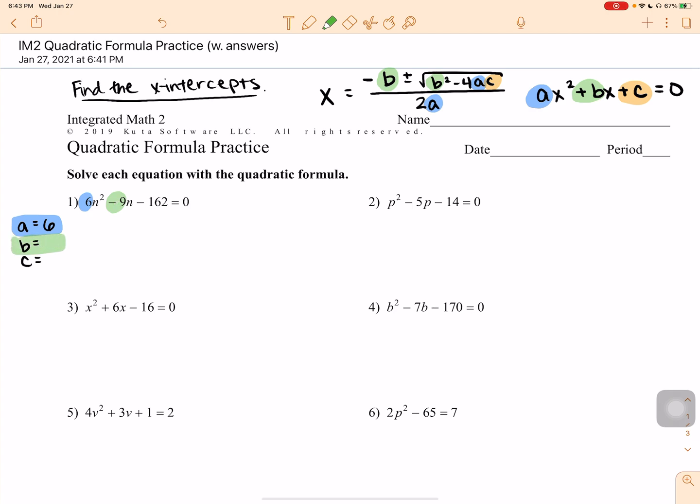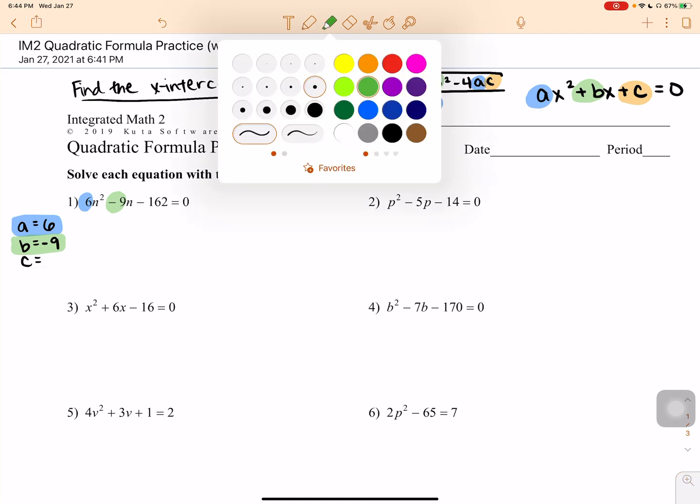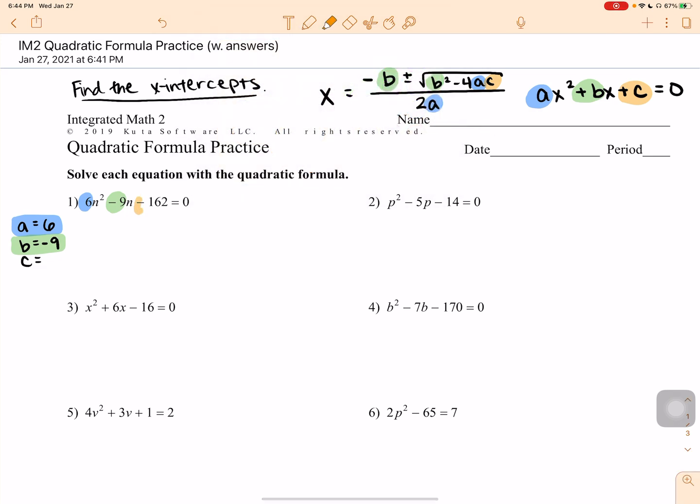And you always have to make sure that the variables are in the right order before you get started. And after I do this basic example, I'll go down and do some of the more difficult ones where you have to do other steps first. And then here c is negative 162. So, negative 162, that's a big number.